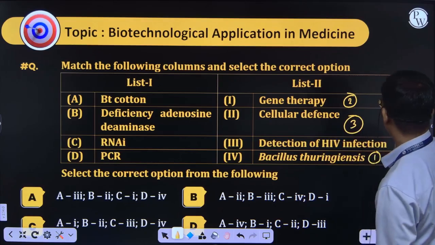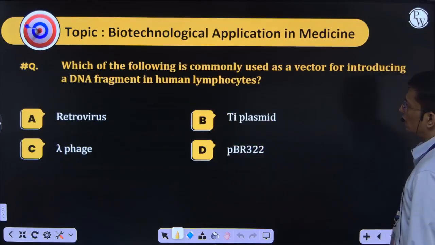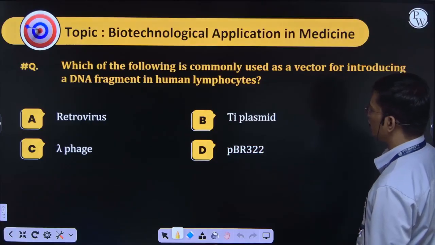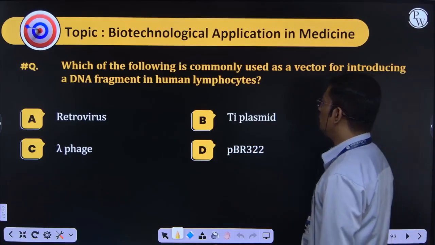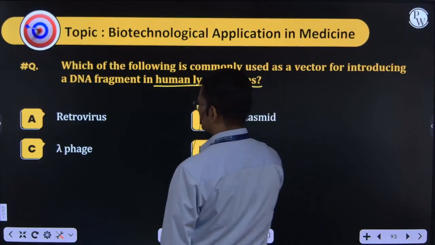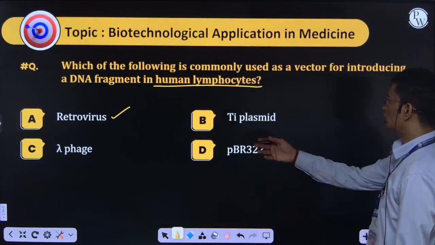PCR is used for amplification of genetic material, so you can detect the pathogen, for example HIV infection. Which of the following is commonly used as a vector for introducing a DNA fragment in human lymphocytes? In human cells, the vector we use is retrovirus, which is specific for animal cells.